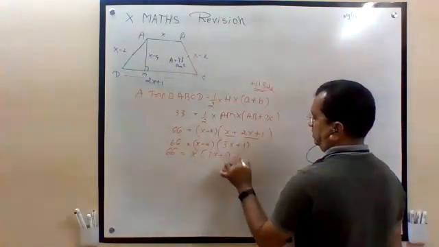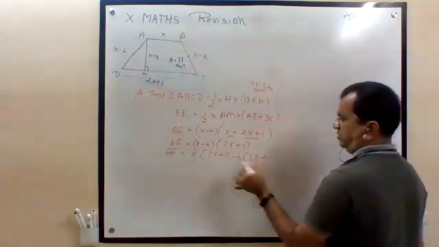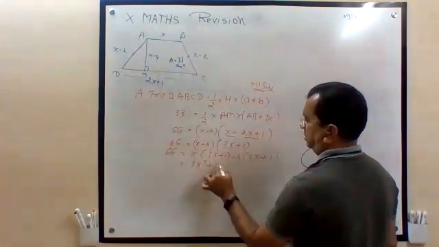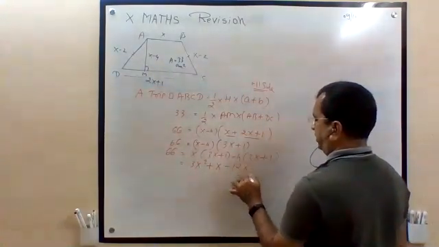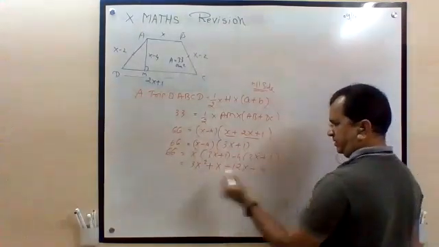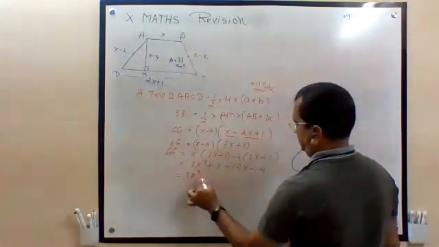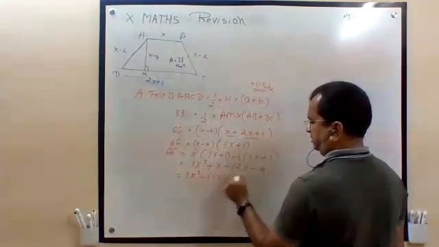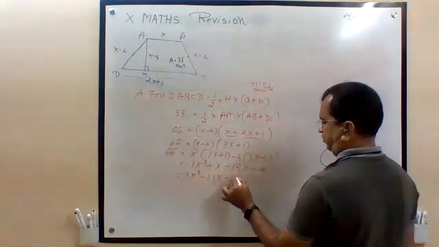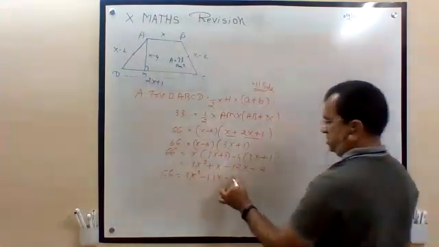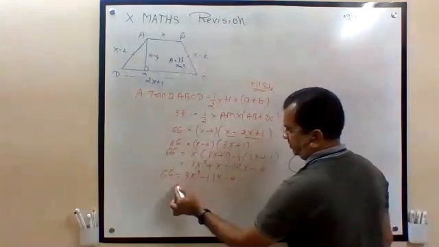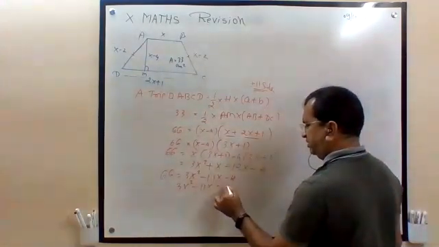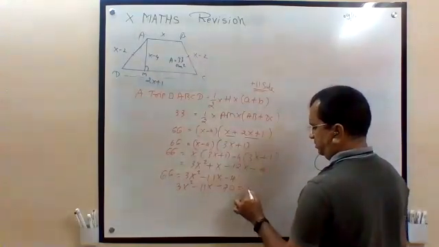Open the bracket: 3x square plus x minus 12x minus 4. So 3x square minus 11x minus 4 is equal to 66. This 66 will come this side, so it becomes 3x square minus 11x minus 70 is equal to 0.